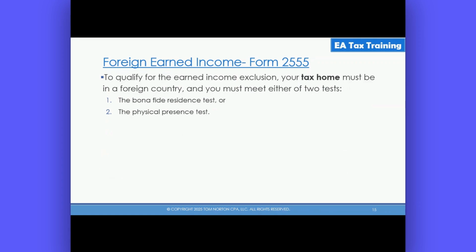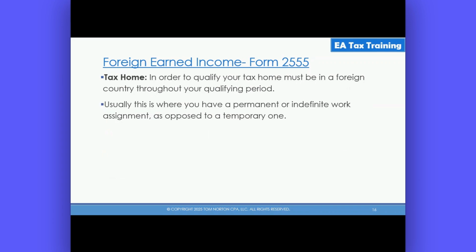So there's two rules. Your tax home has to be in a foreign country, and you have to meet one of those two tests. So let's talk about your tax home. Your tax home must be in a foreign country throughout your qualifying period. Usually, your tax home is where you have a permanent or indefinite work assignment as opposed to a temporary one.